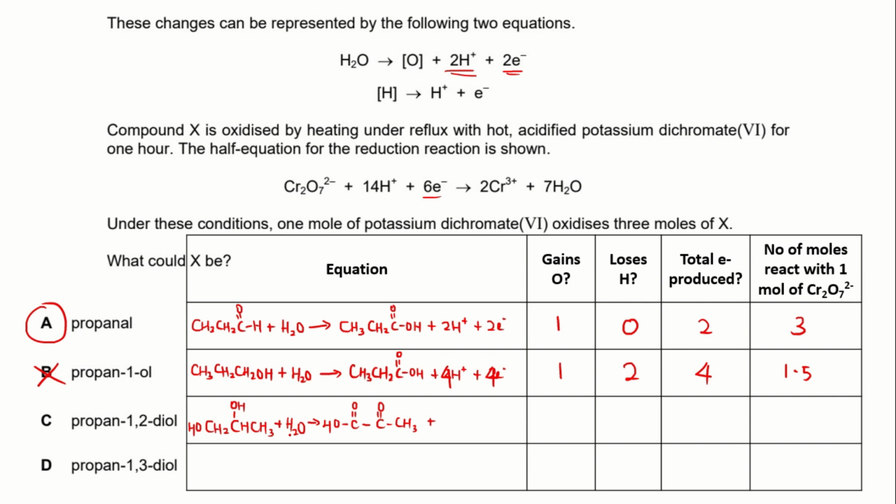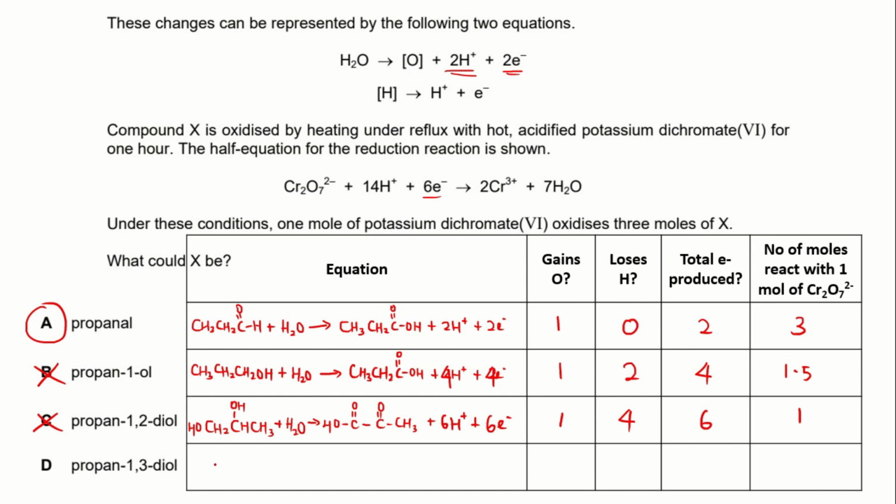Together with the hydrogen ions from water, 6 hydrogen ions in total are produced. Propan-1,2-diol gains 1 oxygen and loses 4 hydrogen atoms: 2 electrons from here, 4 electrons from here, so 6 electrons are formed. 1 mole of potassium dichromate(VI) will oxidize 1 mole of propan-1,2-diol. C is not the answer.